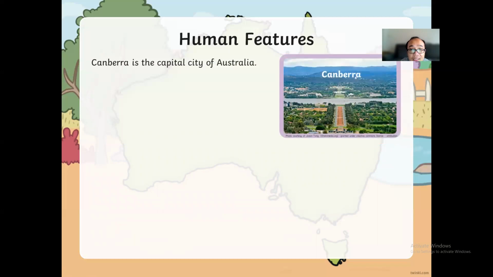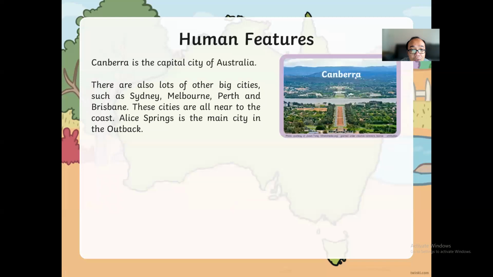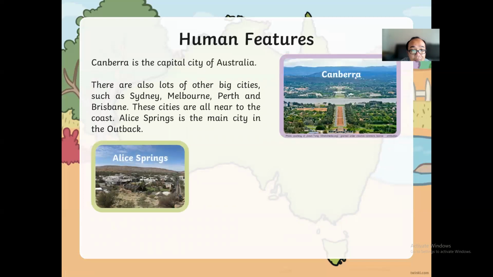This is the capital city of Australia, which is called Canberra. There are also a lot of large, big cities, which are Sydney, Melbourne, Perth, and Brisbane. Also Alice Springs.